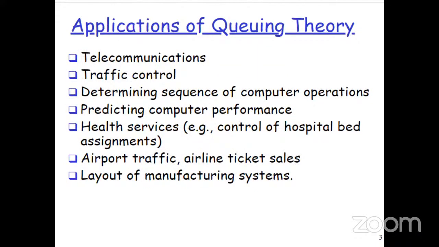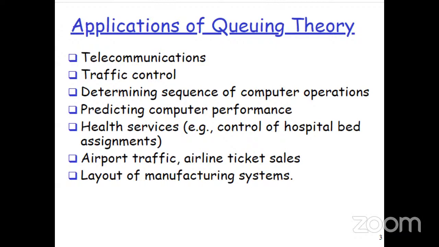The application of queuing theory: mostly it is applied in telecommunication. You know very well, when you dial a number to call anyone, it must connect to that phone number only. Firstly, they used this queuing theory in telecommunication.